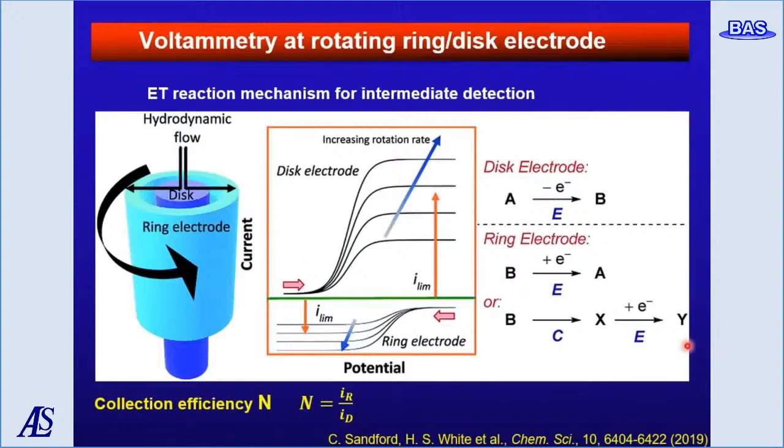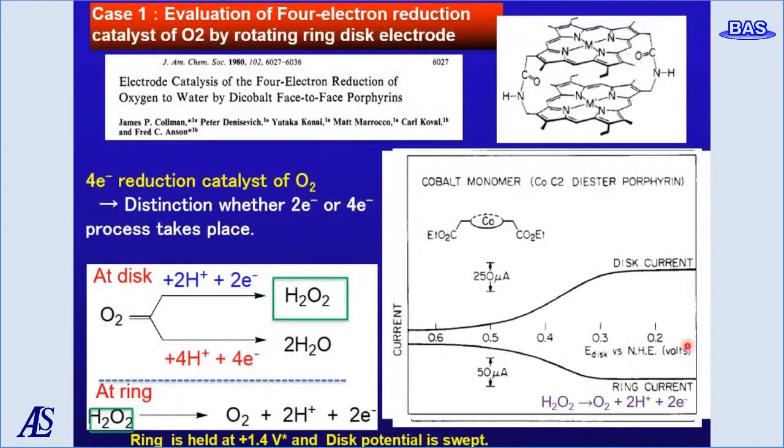The most famous electrode reaction analysis using the rotating ring disk electrode is the four-electron reduction of dioxygen. In the reduction of dioxygen, hydrogen peroxide may be formed in the two-electron reduction. So by setting the ring potential to plus 1.4 volts, which can decompose this hydrogen peroxide, and observing the change in current value, we can clearly see whether the two-electron reduction is taking place.